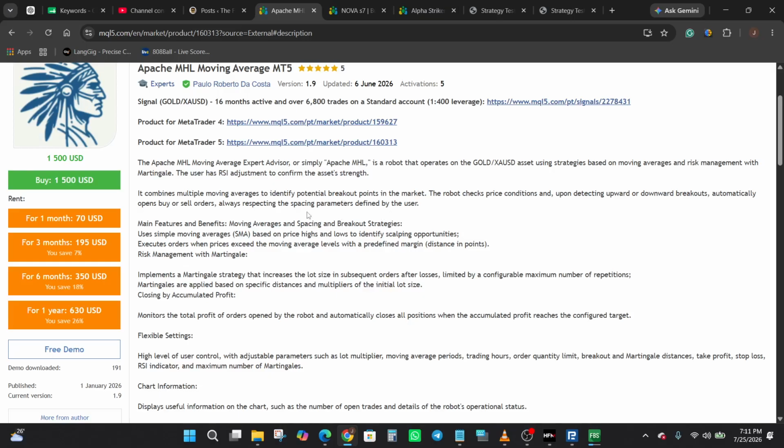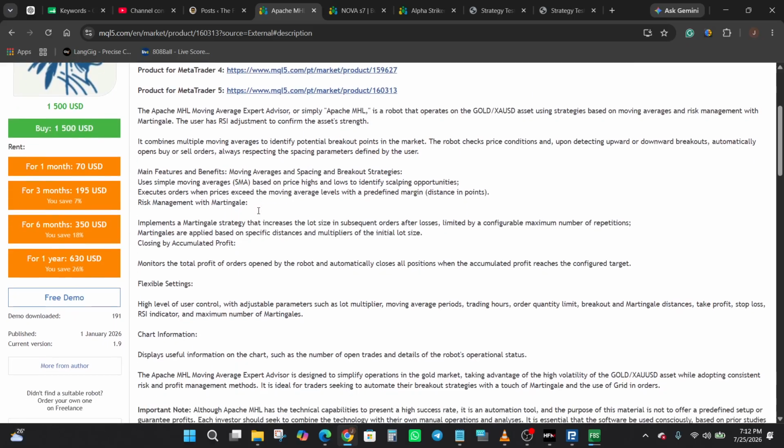With respect to risk management, the page is upfront and direct about this. It implements a martingale strategy that increases lot size on subsequent orders after a loss, up to a configurable maximum number of repetitions based on specific distances and multipliers of the initial lot.